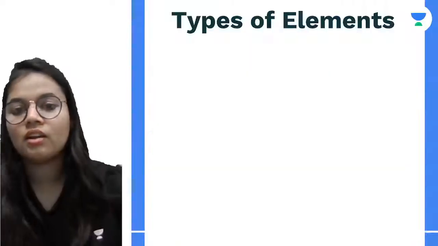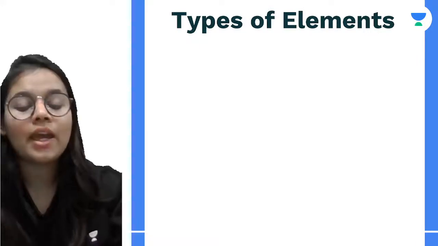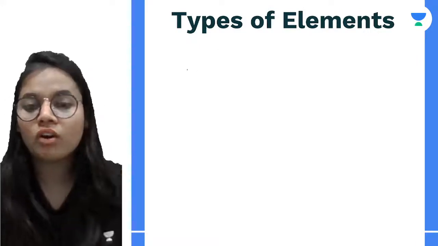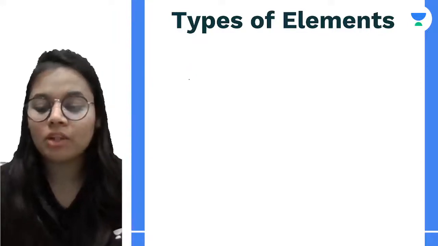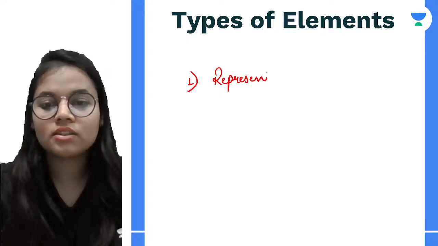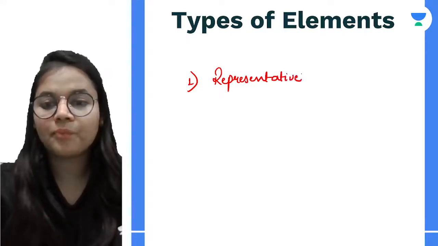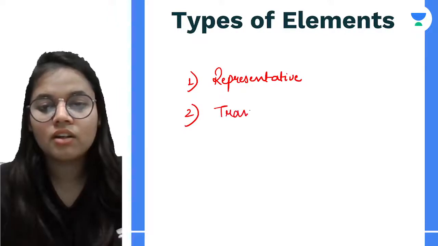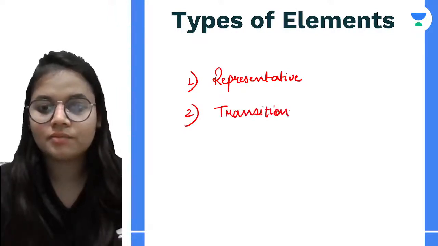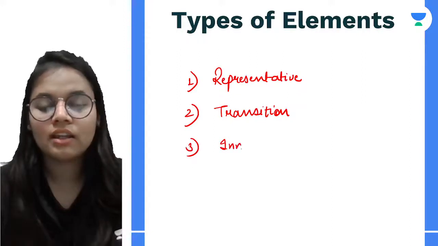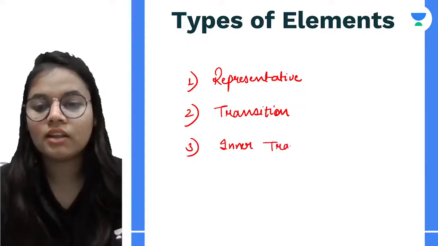Now talking about the types of elements. We basically have 4 types of elements in the periodic table. The very first is representative elements. After that we have transition elements. The third category is inner transition elements.